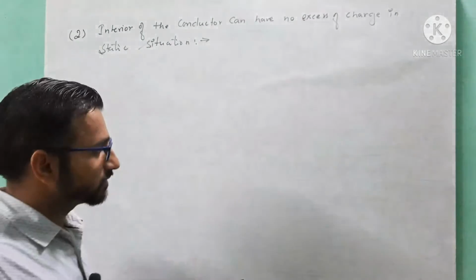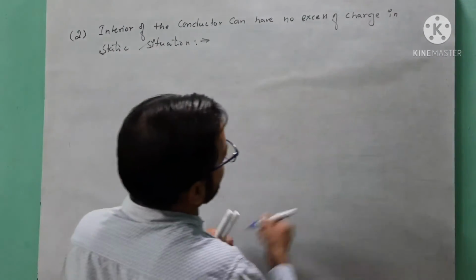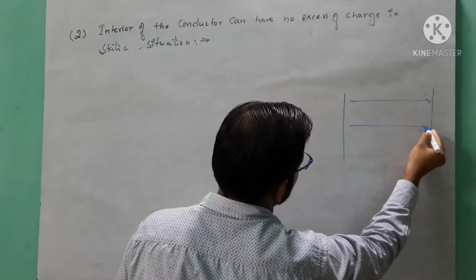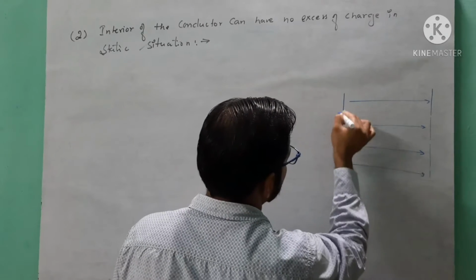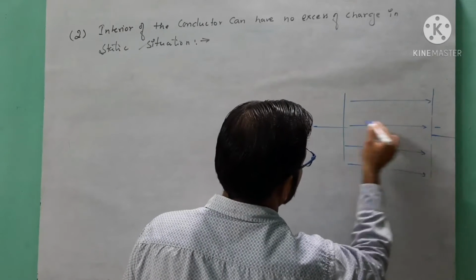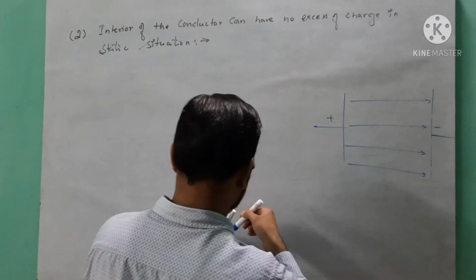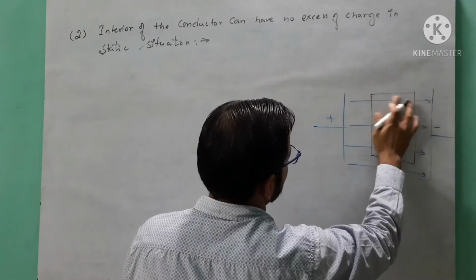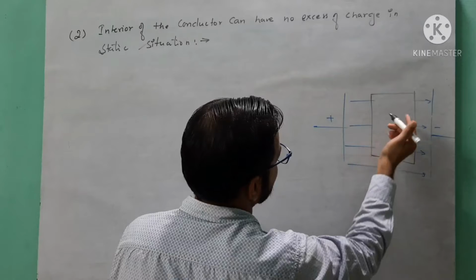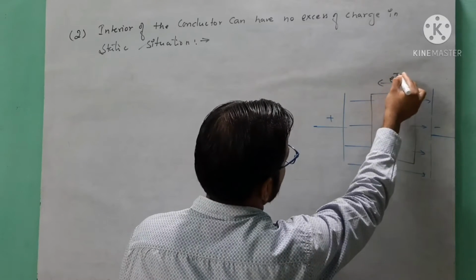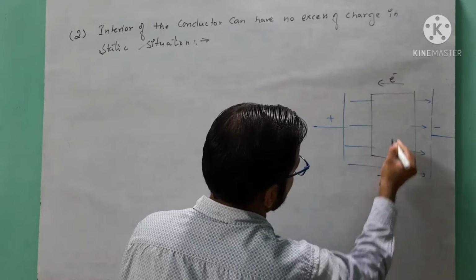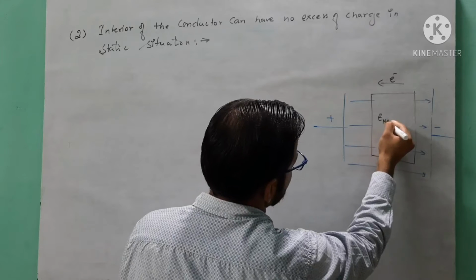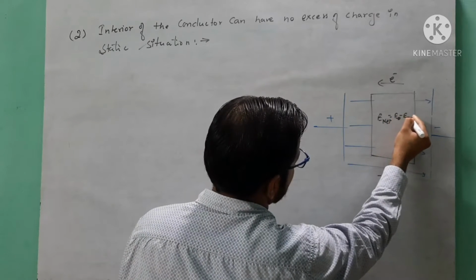Got it? The same diagram I have for you. This is our positive, this is our negative, and you know how we draw the diagram for this situation. Here is the direction of electron, here the direction of E naught, this is our EP, and E net is equal to E naught minus EP.